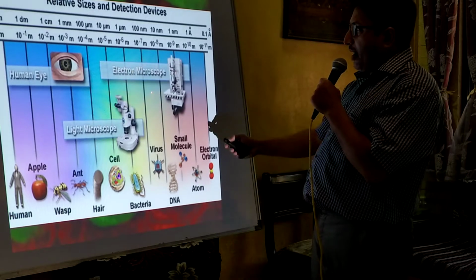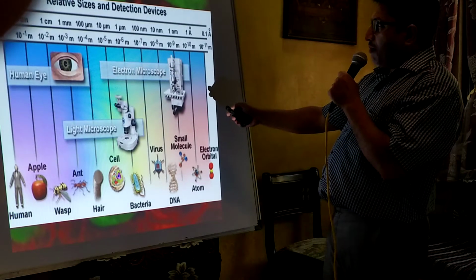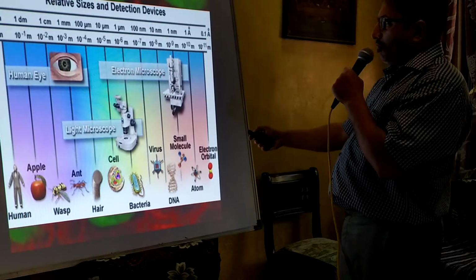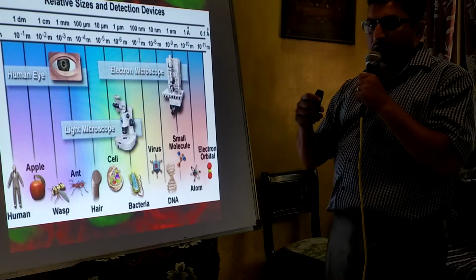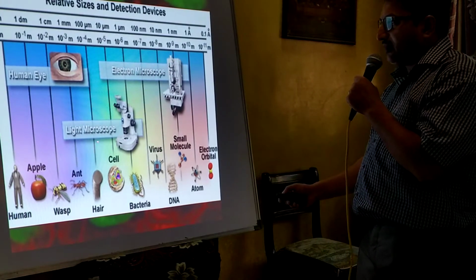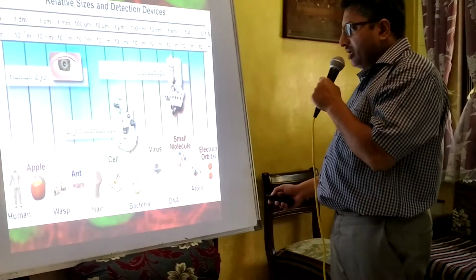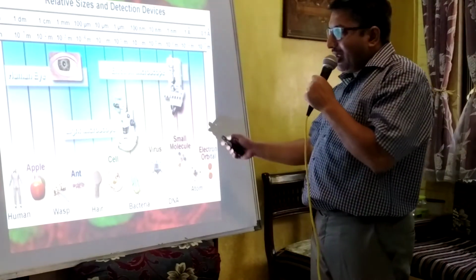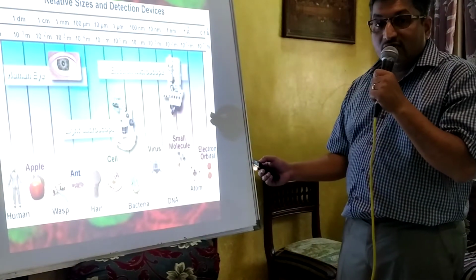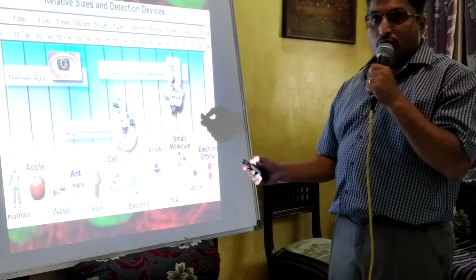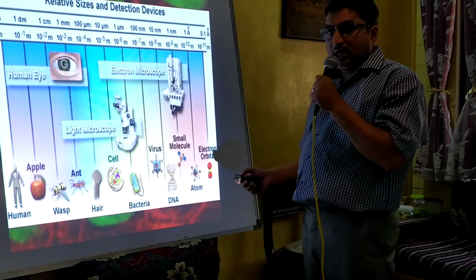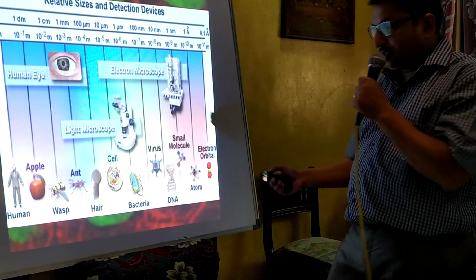A virus is about 10 to the power of minus 8 microns, so it is negligible. You cannot see it with the naked eye, neither with a light microscope. A virus is only visible by an electron microscope. Hence, it becomes such an invisible enemy, so we need to take all the necessary precautions because we cannot see where it is.